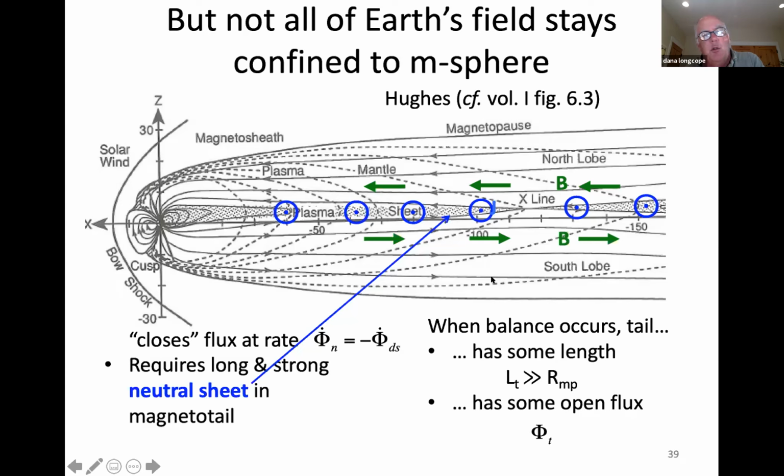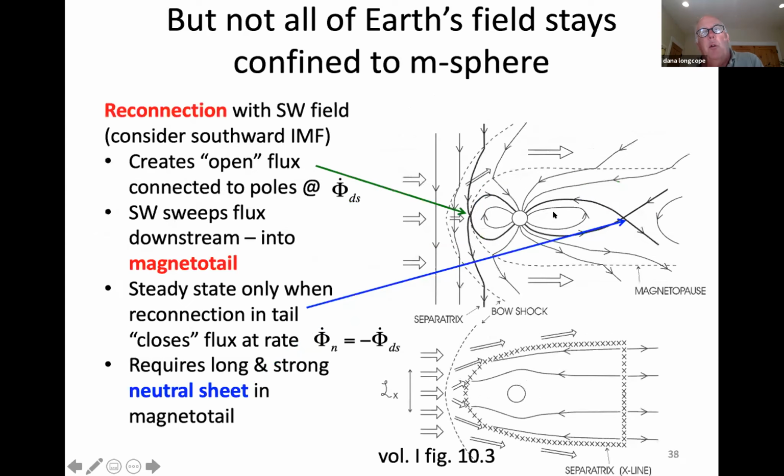Okay, the next bit of trying to understand this is that there's some amount of magnetic flux that was always open. We've balanced the reconnection at the day side with the reconnection at the night side, and that basically is a region that is open, and it's going to stay the same size.